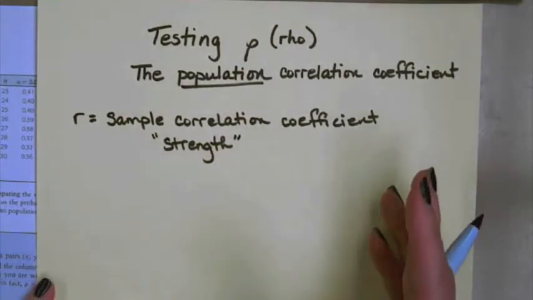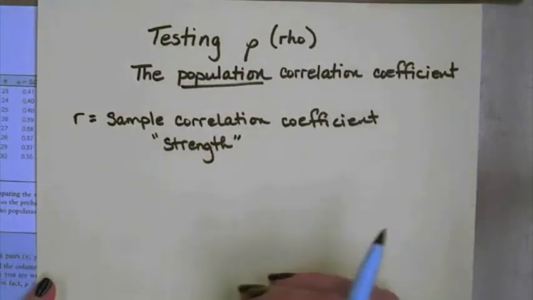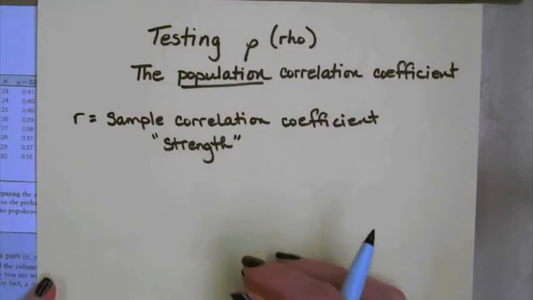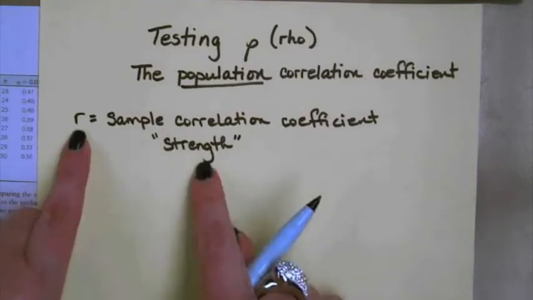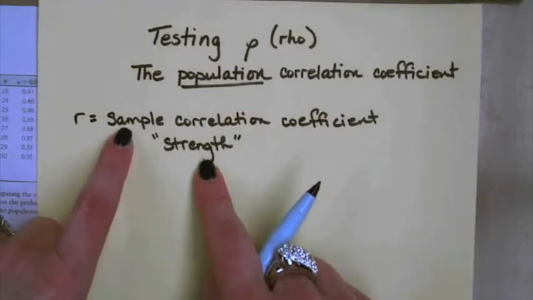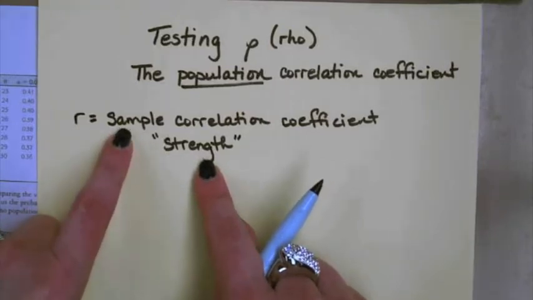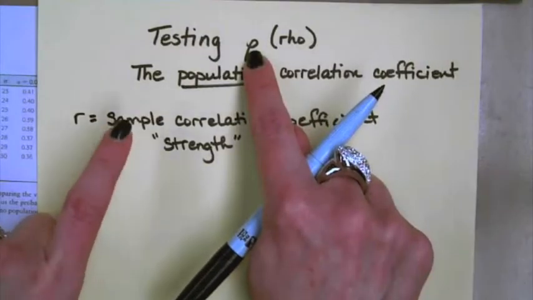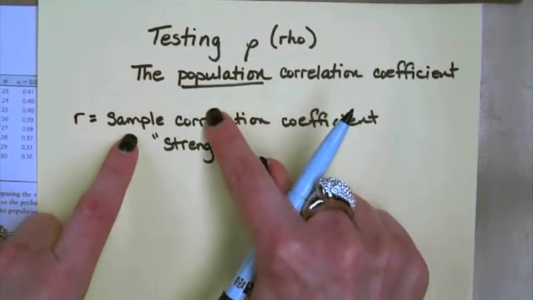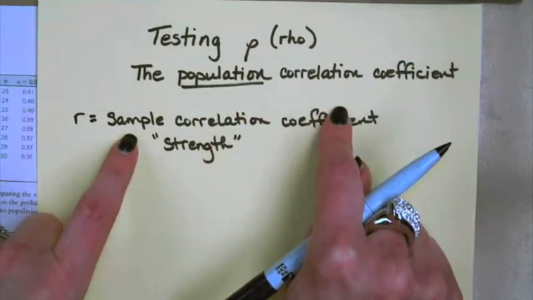Was it moderately strong? Was it moderately correlated? Was it a strong correlation? But that only gave us the strength of the correlation for the sample data. Rho is the exact same thing, but instead of being for the sample, it's for the entire population.